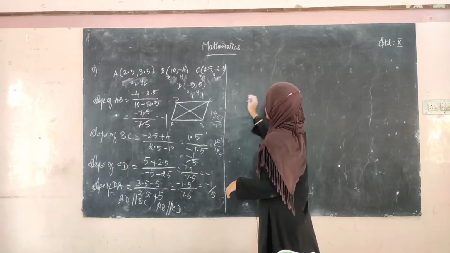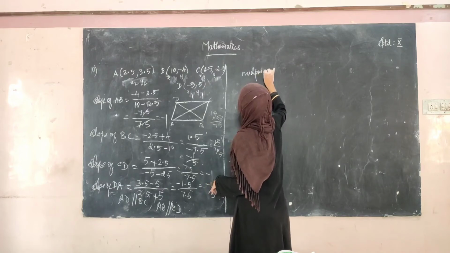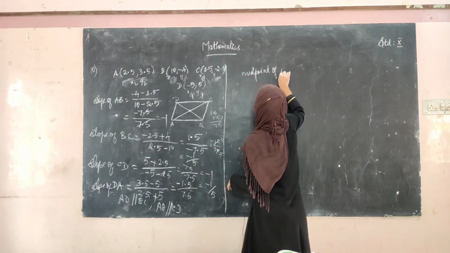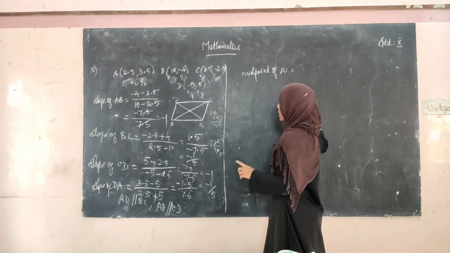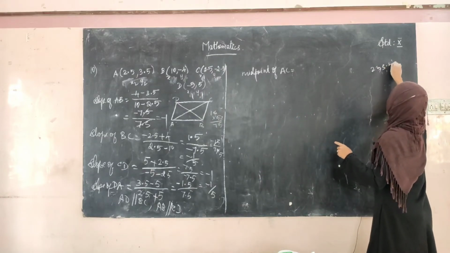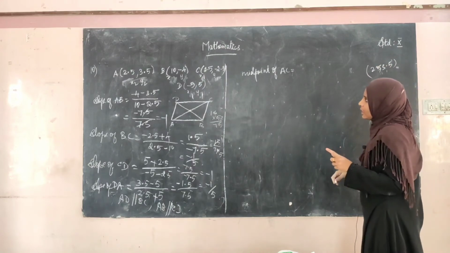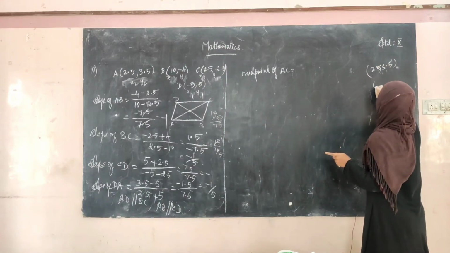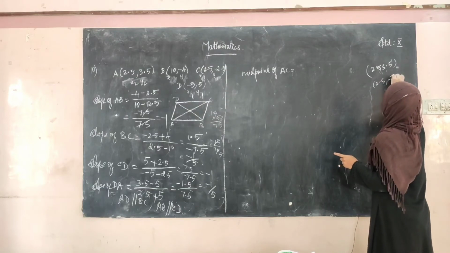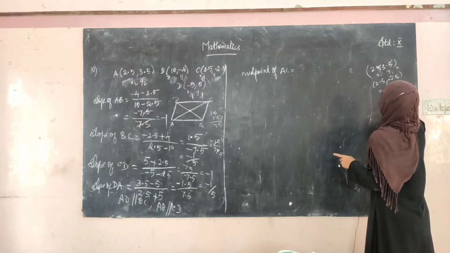Okay, so for that we can find the midpoint of AC. What is the point A? A is 2.5 comma 3.5. Right, A. What is C? C is 2.5 comma minus 2.5. So this is x1, y1, x2, y2.